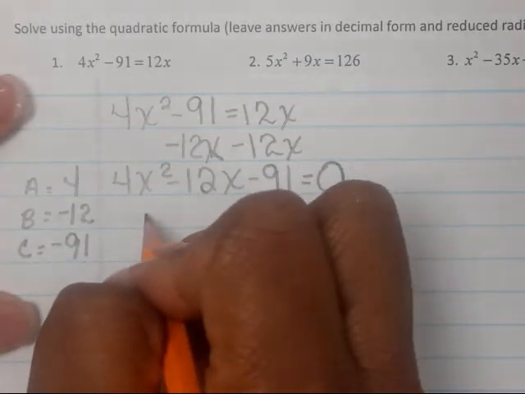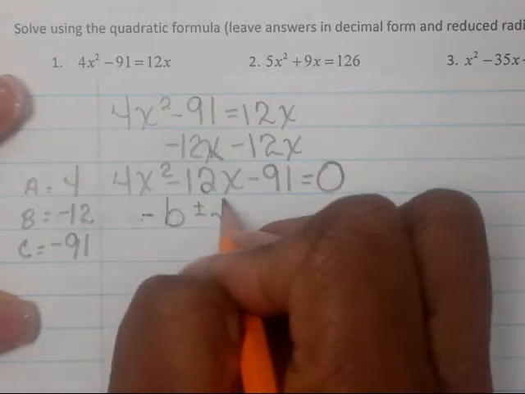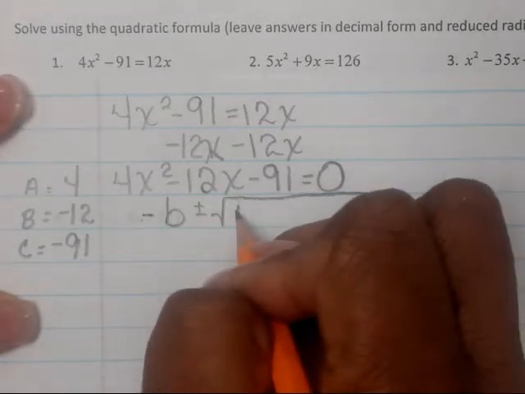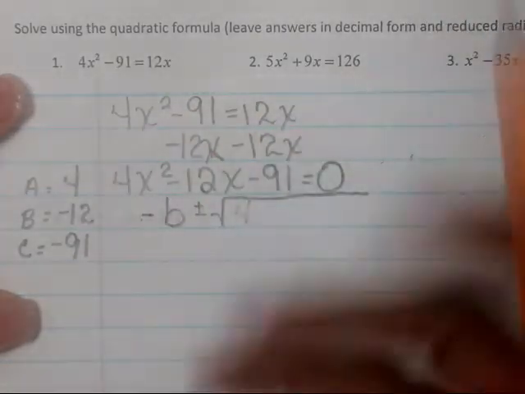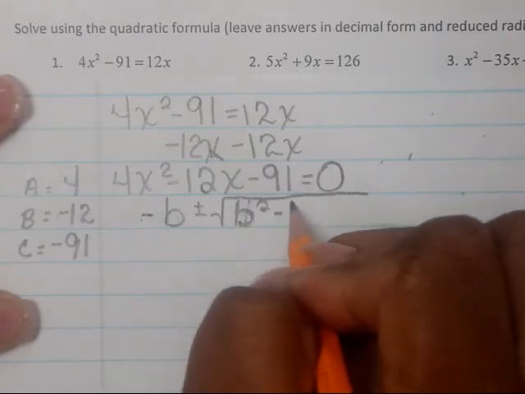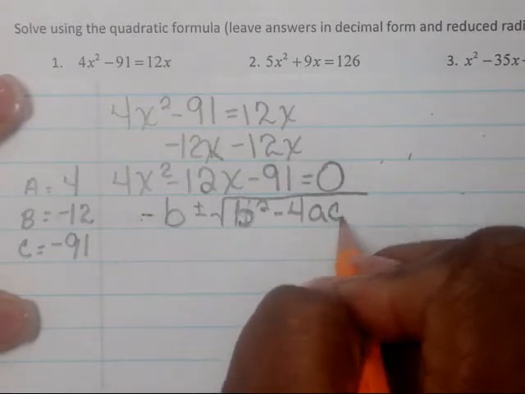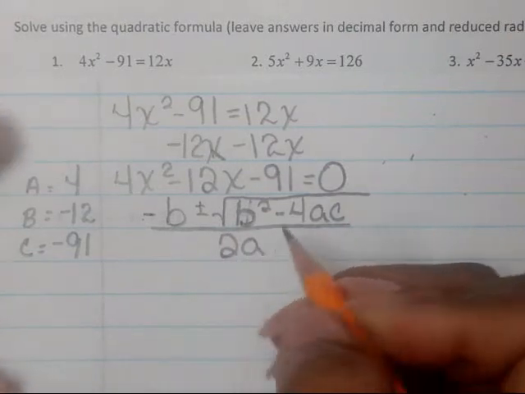Start off with my equation, negative B plus or minus the square root of B squared minus 4AC over 2A.